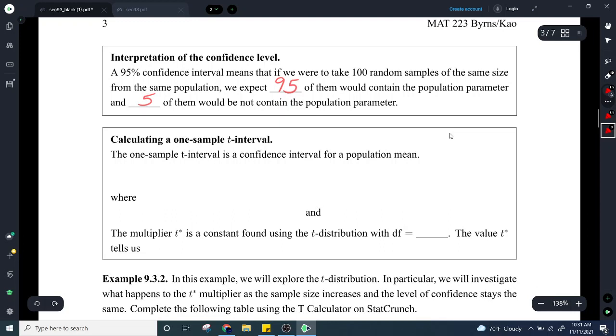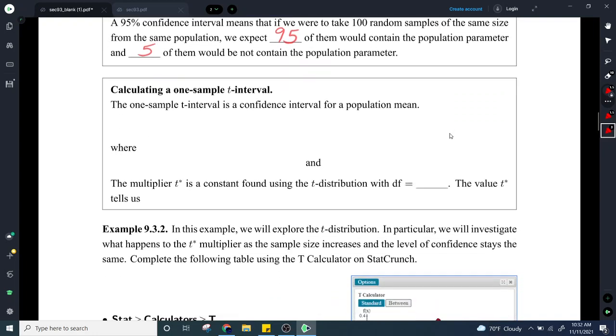So if we were to repeat this over and over again, 100 samples of size 30 using the same method, and create a confidence interval for each of those samples, of course the confidence interval is going to shift, because each individual sample mean is going to shift depending on what I pull for that sample. But 95 of those 100 samples we would expect to contain the true population parameter, and we think 5 of them would not. And that's really what we mean when we say 95% confidence level.